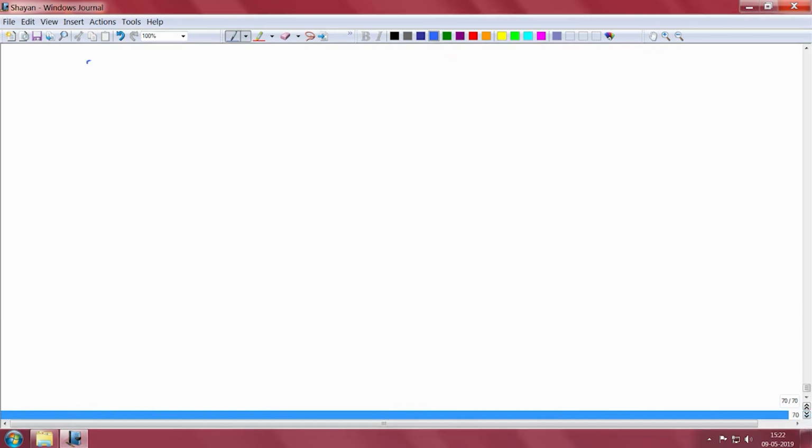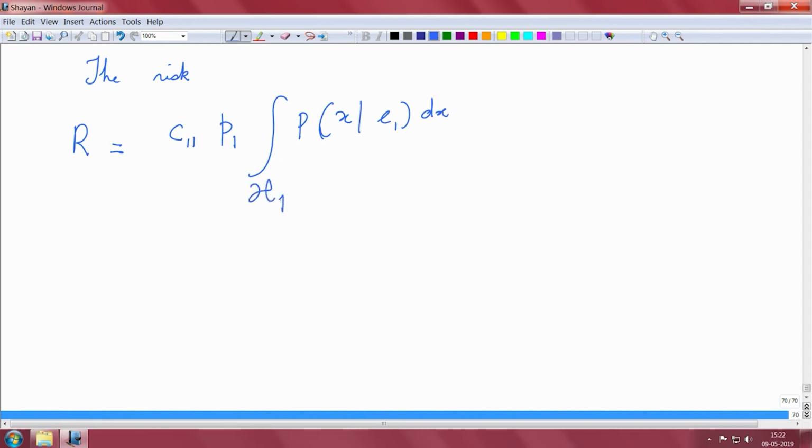So, the risk R is given by this quantity. It is C11 times P1, the integral of the conditional density given C1 over the space H1 where this is acting.